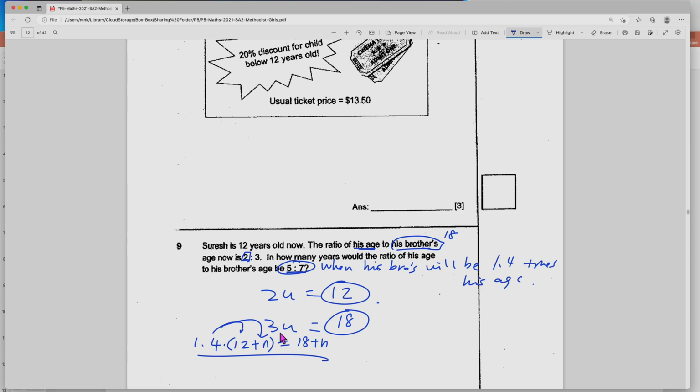Correct, good. So which one you don't move? This one you don't move, right? So you quickly write down 1.4n, right? And this is plus n, right? Just minus. Wait, 1.4 times 12 is... I think you never key in 1.4.